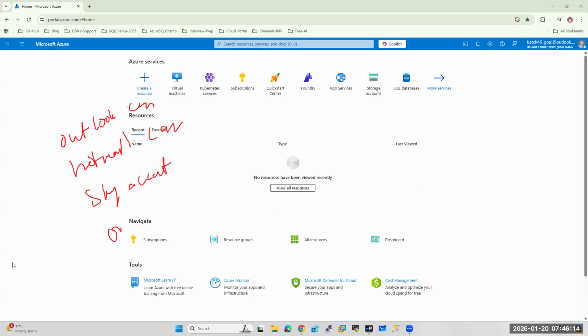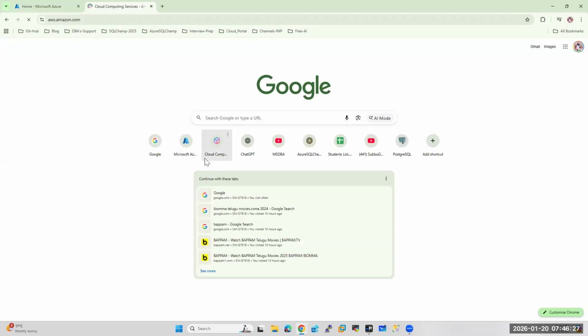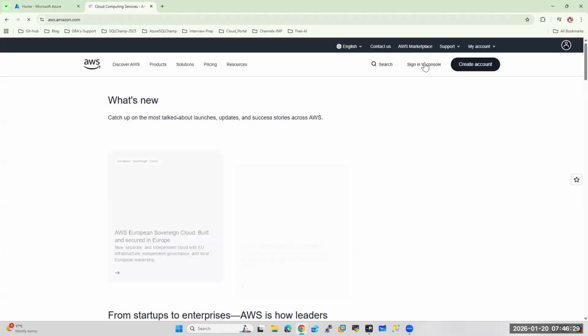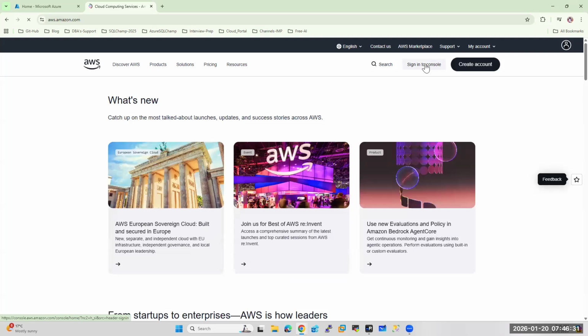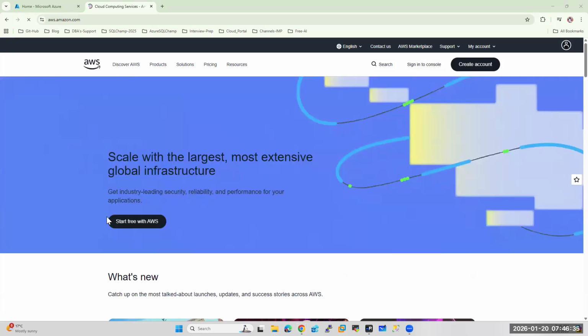Once you connect to the portal using any one of these email addresses, see the major difference you will notice between AWS and Azure. If you go for AWS, here also you need to use an email to log in, but there is nothing like you must use Hotmail or Outlook.